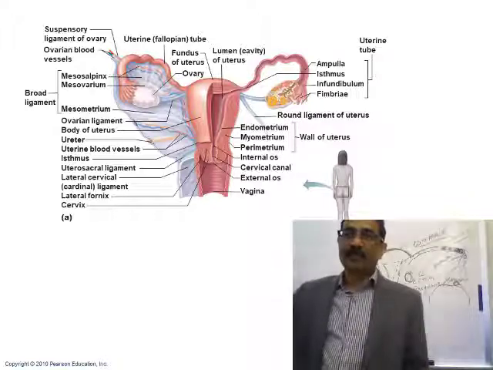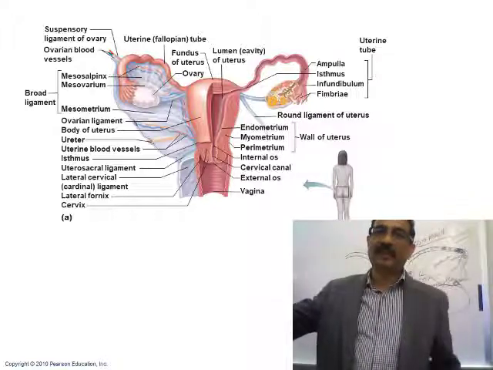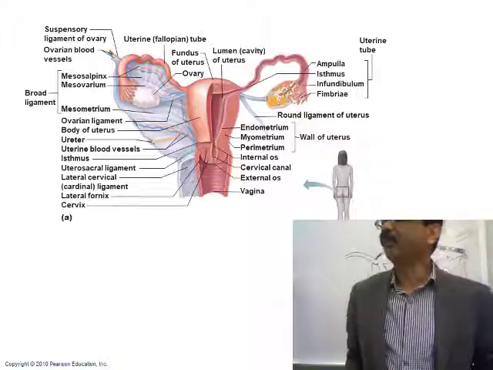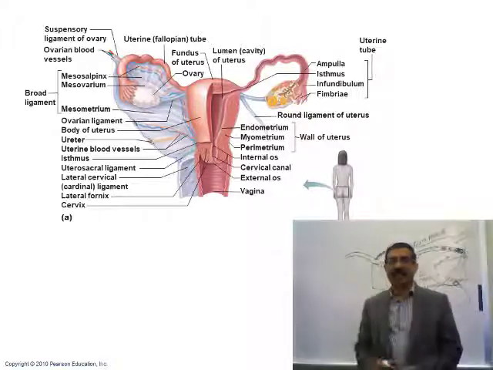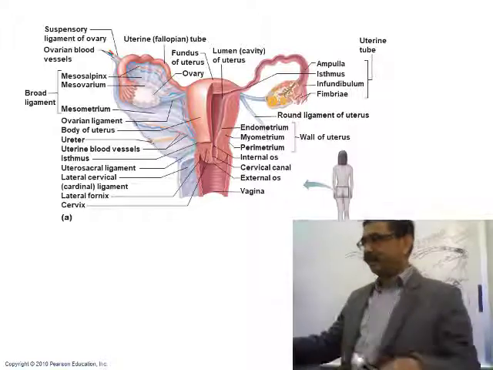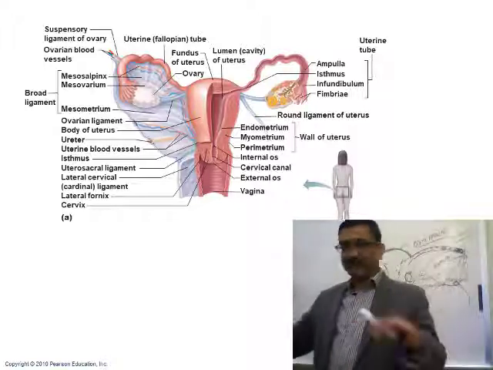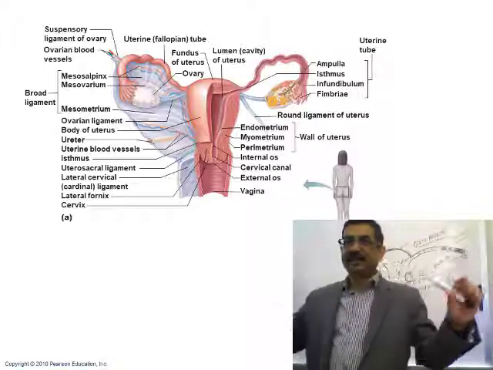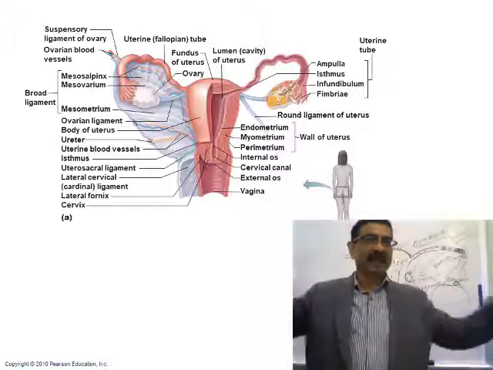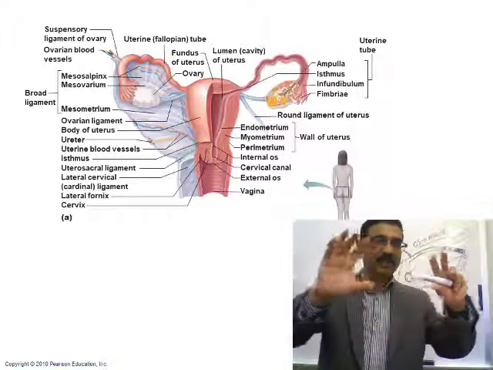So those are three layers, but I mentioned that the endometrium is very important because the fertilized egg comes inside the uterus and sticks to the endometrium, and that is called implantation. When you make a garden, this is the time you first make a soft bed, right? A lot of soil you put and put water, fertilizer, make it a nice soft bed.